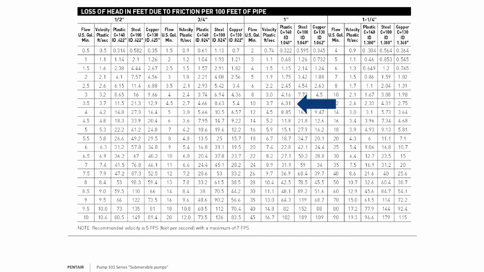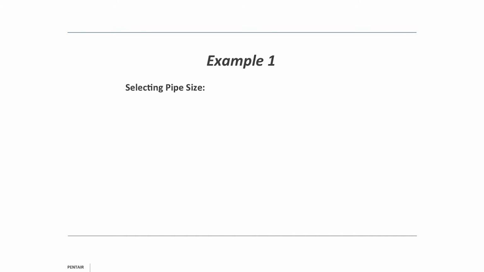We also have 6.31 feet of friction loss in that plastic pipe for every 100 feet of pipe. Now, I mention the velocity because I always like to keep it, especially in the discharge, under 7 feet per second. That's why we're going to stick with 1 inch, because we're only running 3.7 feet per second.